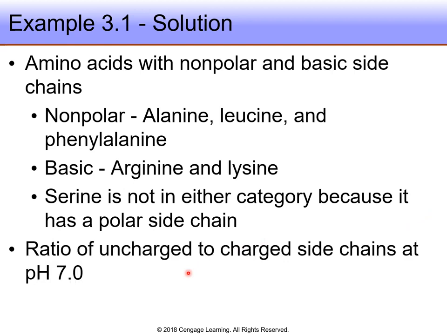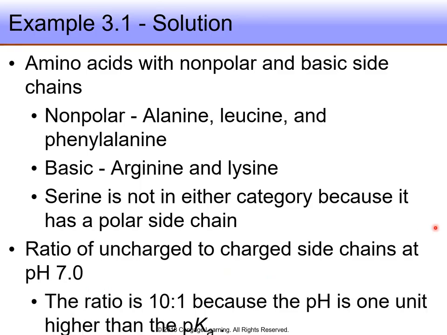Now the ratio of uncharged to charged side chains at pH 7 is, this is the ratio. If we apply the Henderson-Hasselbalch equation, pH equals pKa plus log of A minus concentration divided by HA concentration, then the ratio will be 10 to 1. Why? Because the pH is 1 unit higher than the pKa.